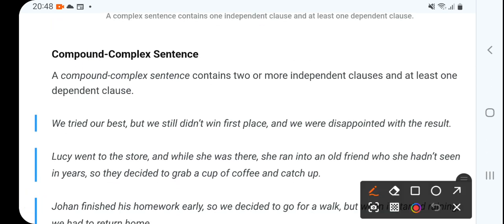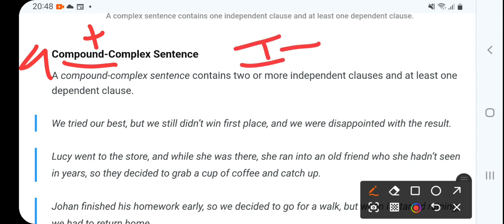Now, the fourth category is compound-complex, meaning conjunction plus complex: at least one independent and dependent clause, two, three, four, that is complex. So this is the combination of both. How? Let us see.